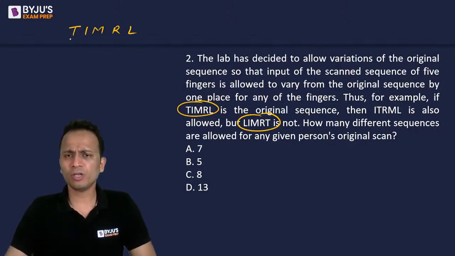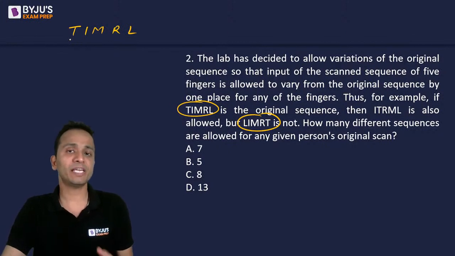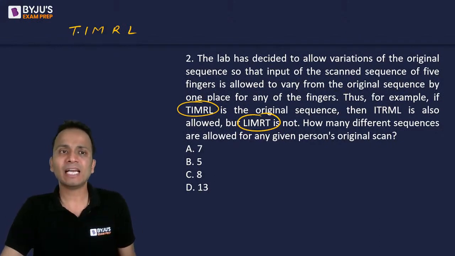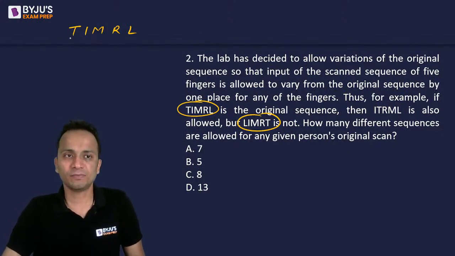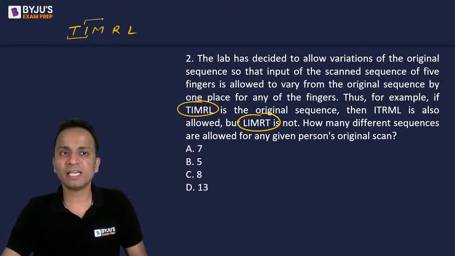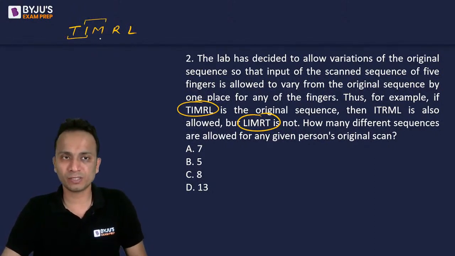So first of all, if any two will exchange their places, any two alphabets, मैं इनको alphabets बोल देता हूँ या scan बोल देता हूँ. Any two scans will interchange their places. That means they will have to be adjacent. Okay. So if I'll select these two, fine, this will give you one sequence. If I'll select these two and interchange them, this will give you one allowed sequence. All right.